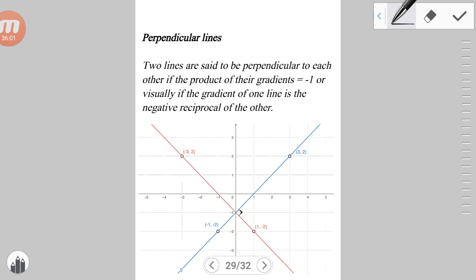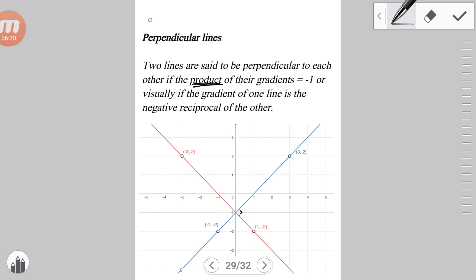It says here that two lines are said to be perpendicular to each other if the product of their gradients is equal to -1. What does product mean? Product means to multiply.